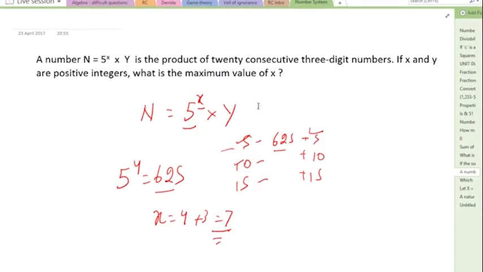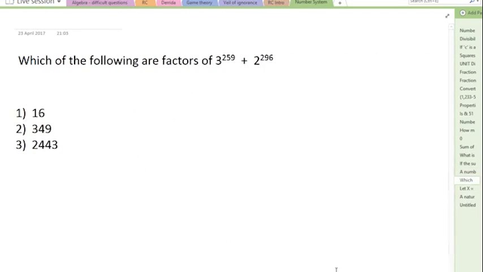So we'll look at the numbers around 625, and around 625 you will get 5 to the power 4 and 3 numbers which will have factors of 5. So that is how we get 4 plus 3, 7. There is no other way to maximize x beyond this.